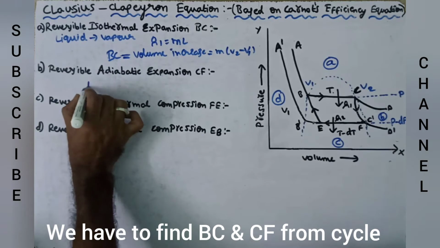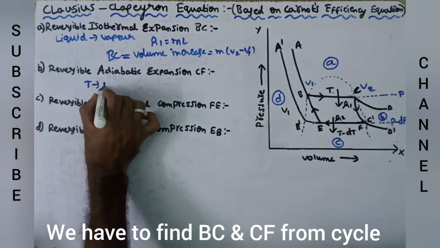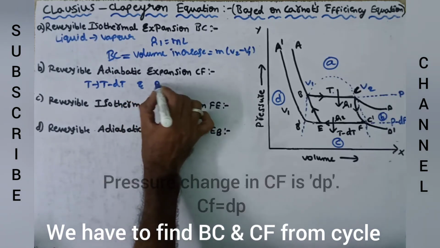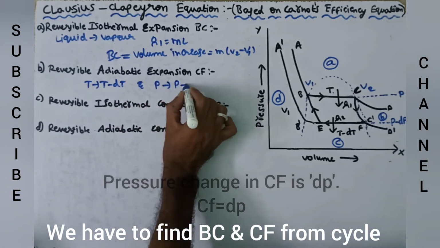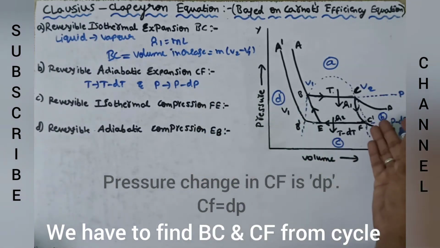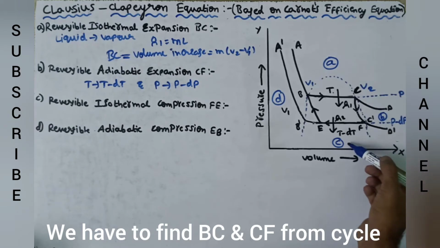Temperature is changing from T to T minus dT and pressure is changing from P to P minus dP. In an adiabatic process, we know that in a Carnot engine there is no exchange of heat with the surroundings.